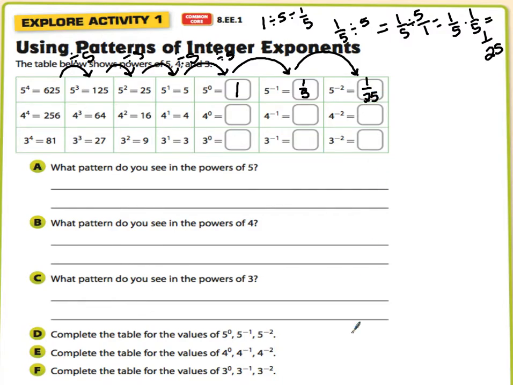All right, so let's take a look. When you look at the pattern going down, you're dividing by 5.